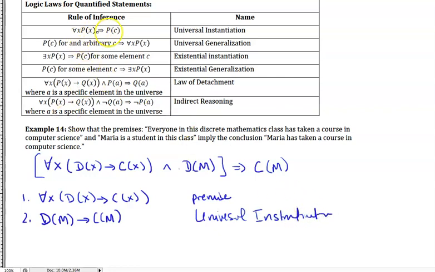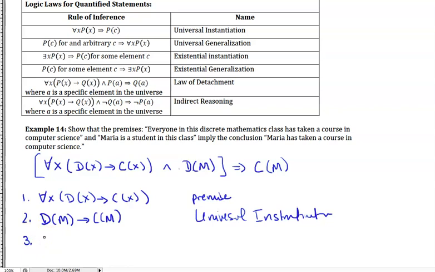You can see how that works. This is a compound statement, but it still works. If that statement is true for all values of x, for all people, then it's going to be true for Maria, for this particular person.